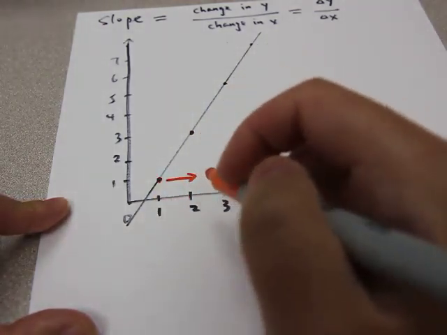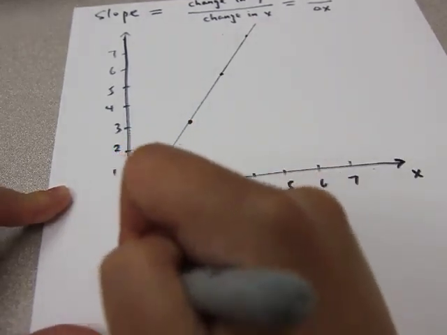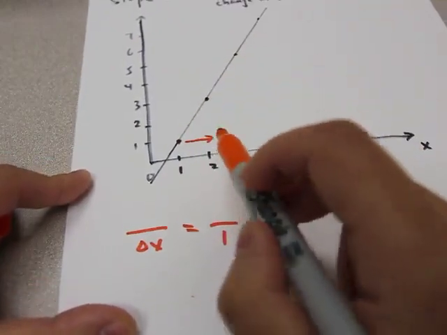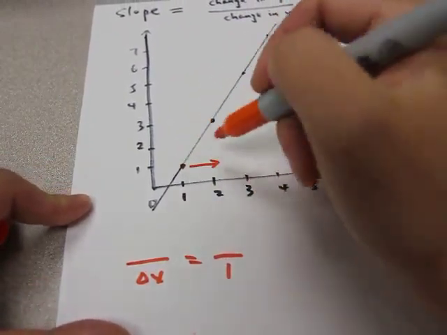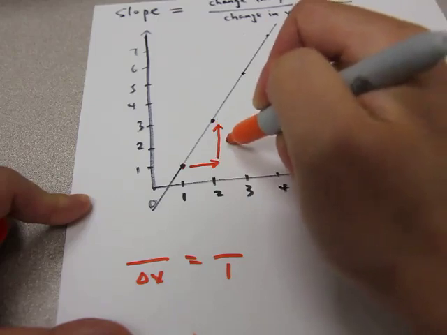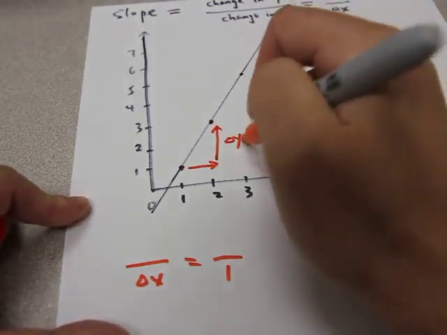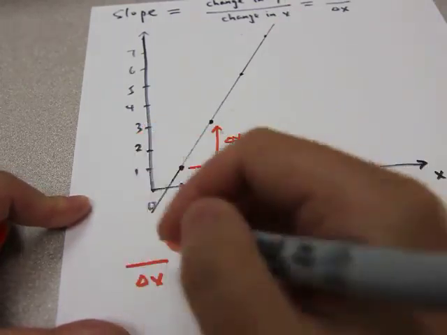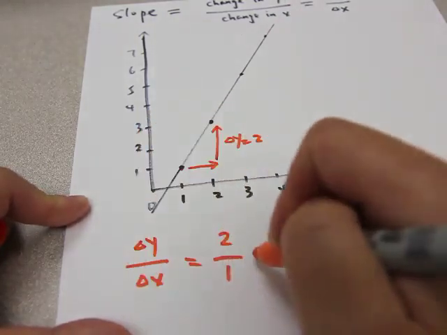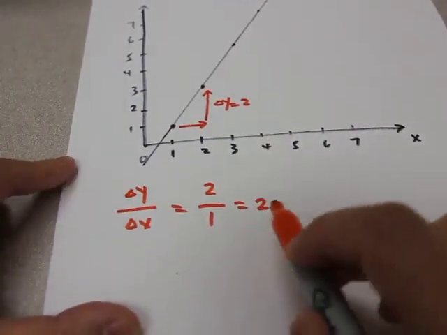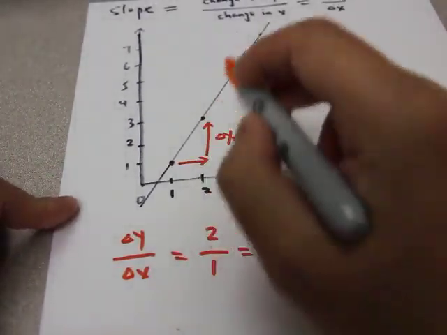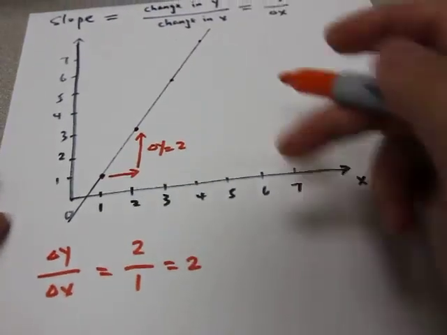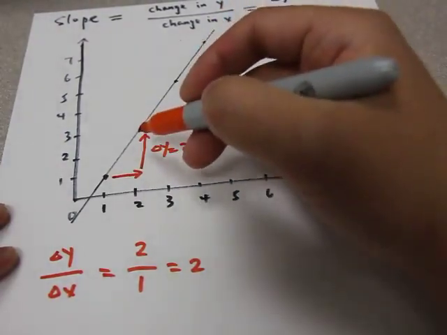So the change in the x here is 1, and the change in the y is 2, because from 1 I move to 3. So the ratio here is 2. So 2 is the slope of this straight line.